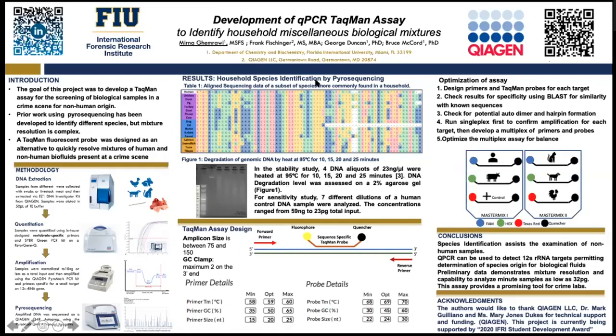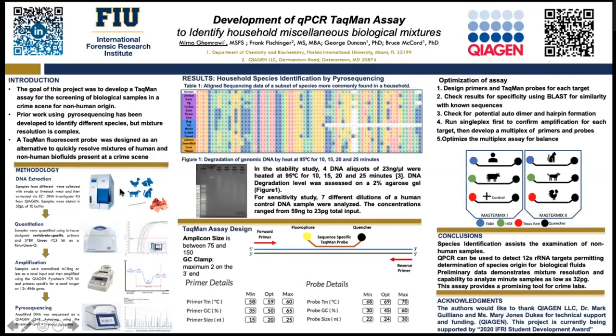But that technique is relatively cheap and super easy to use in casework. You can run up to, for example, 48 samples in no more than 180 minutes. So the time it takes to give you the sequence is not long, and it is pretty sensitive.